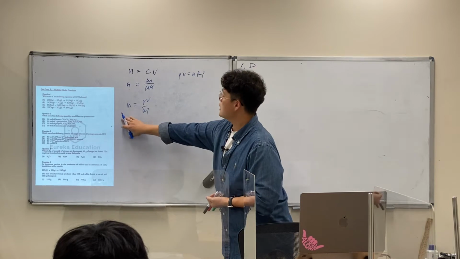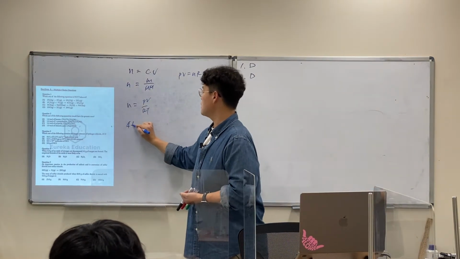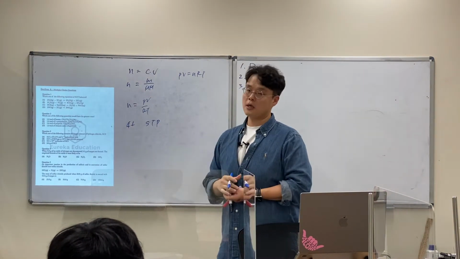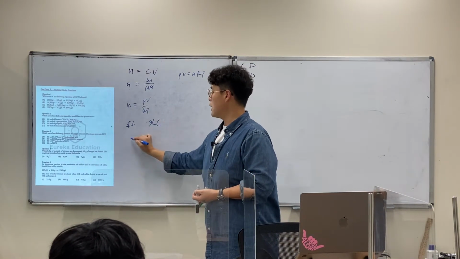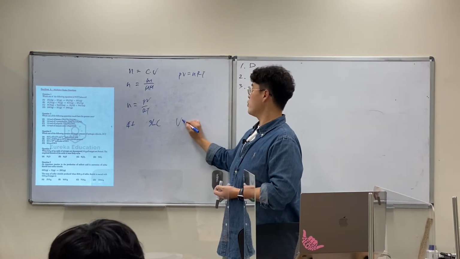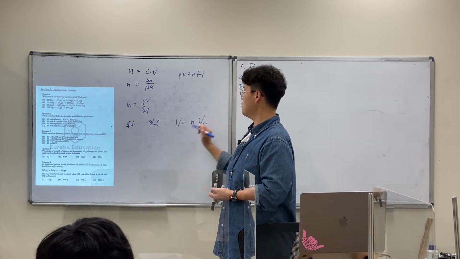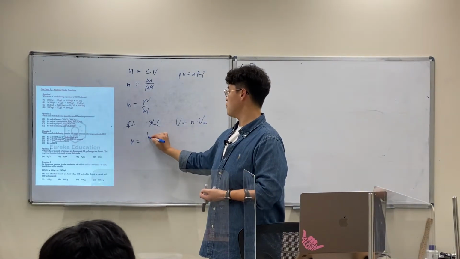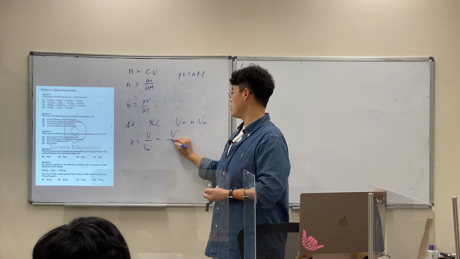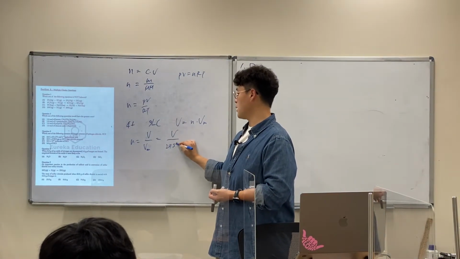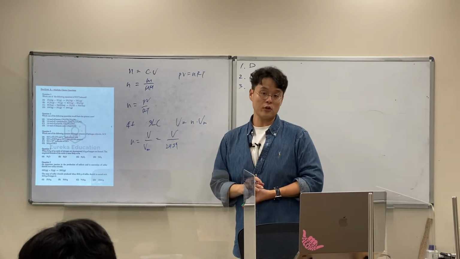All right. This is either at STP, standard temperature, and let's go for SLC because we are at SLC. The volume equals n times Vm, so n equals V over Vm, which is the volume divided by 24.79. Do you remember the value?